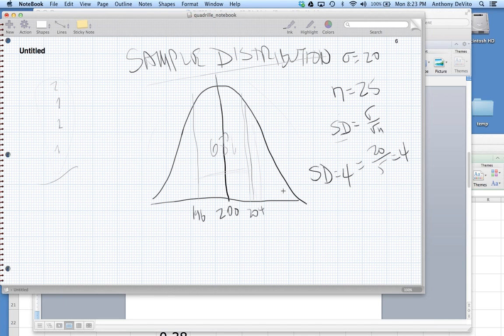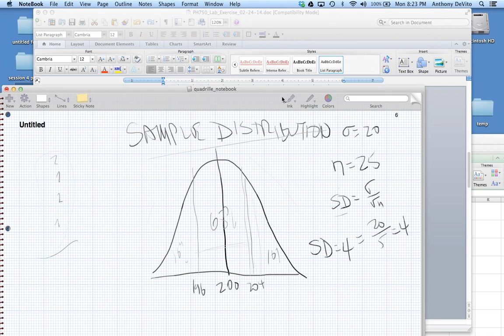The probability of being greater than 204 is going to be 32 split in two, so it's going to be 16%. The exact numbers you would get by applying the same z table as you did before, except this time we would be applying it to the sample distribution.